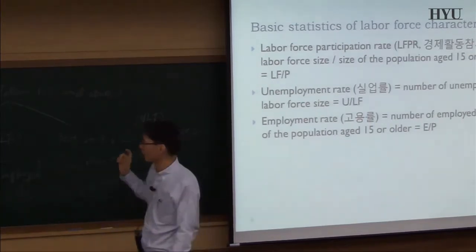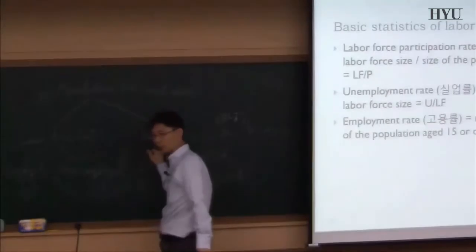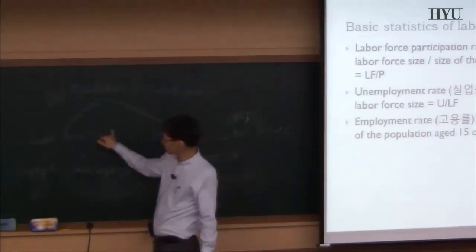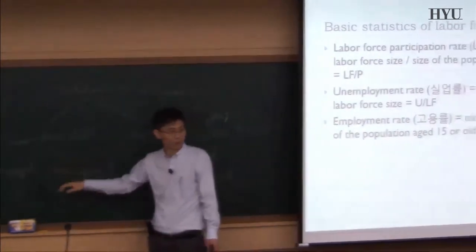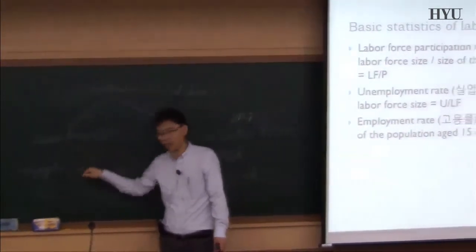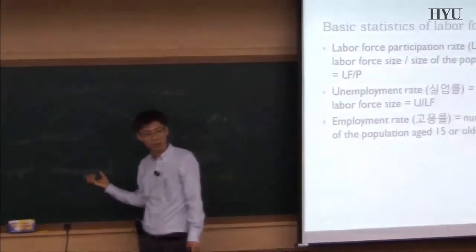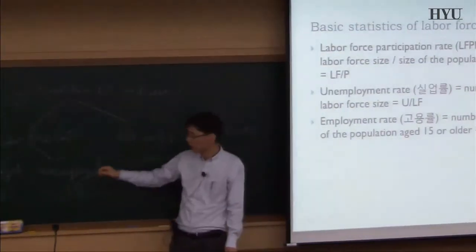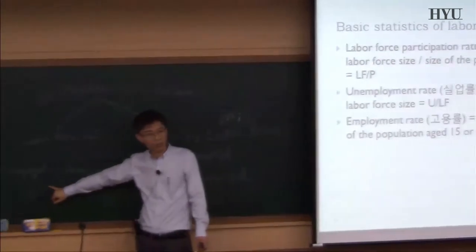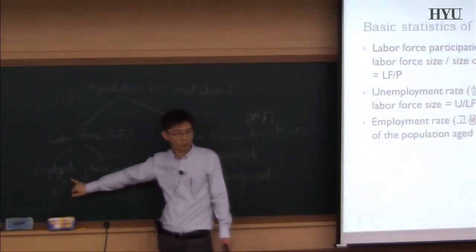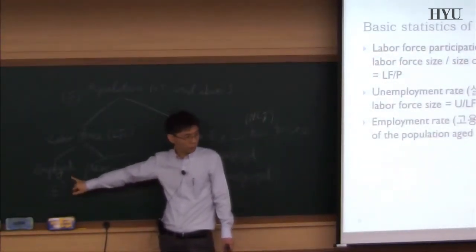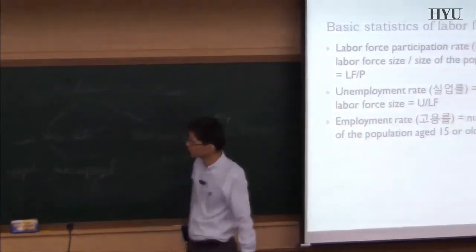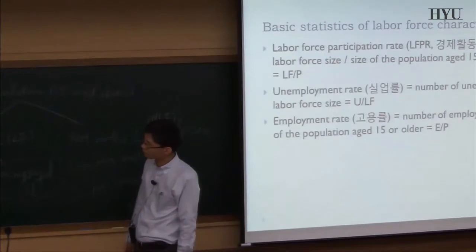So if there are a bunch of people who are not in the labor force, then it is possible that even if the percentage of unemployed people among the labor force is small, since this one is big, in the whole population, these employed people may be proportionally a small percentage of the whole population as well. Okay? Make sense?